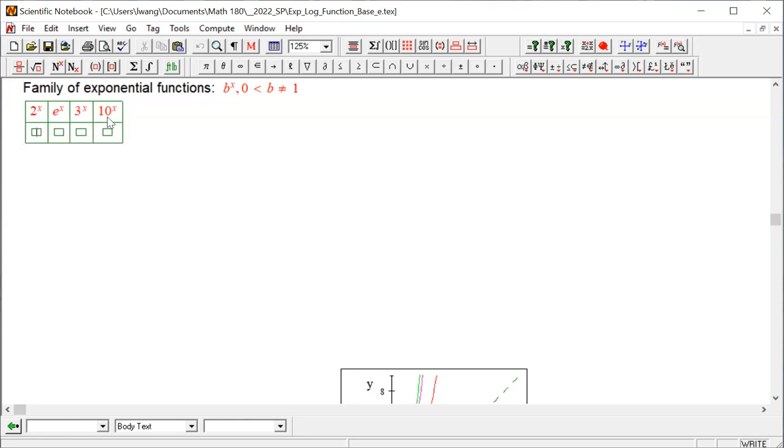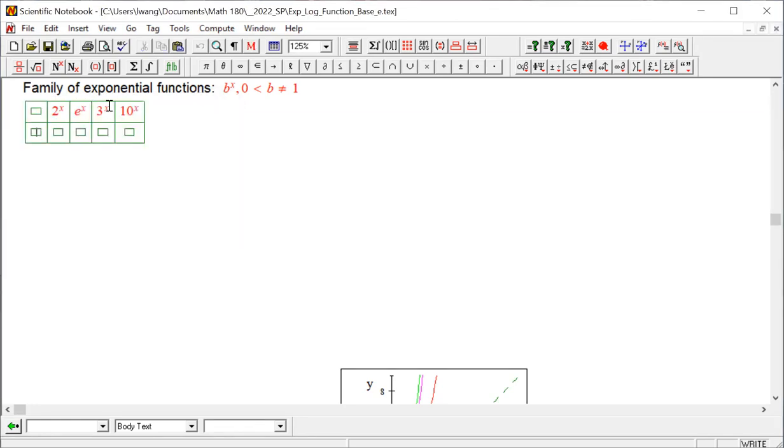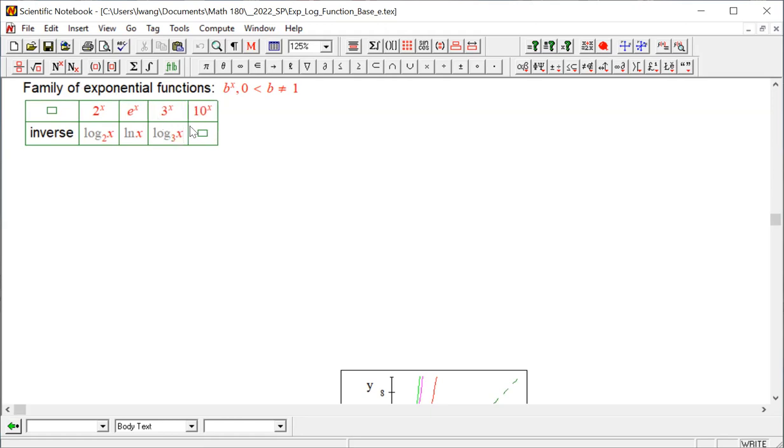And their inverse functions are log base 2x, ln x, log base 3x, and the last one, of course, is the common log x.